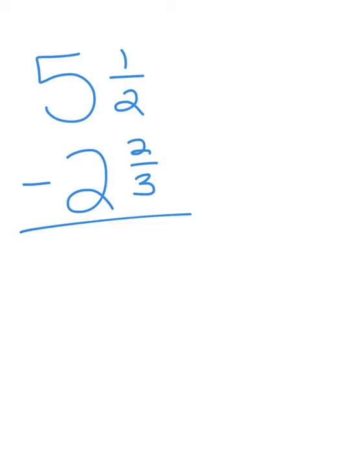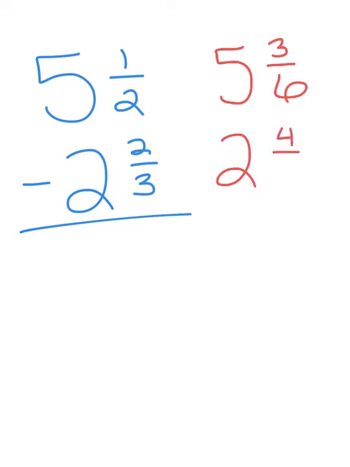So I can rewrite 5 1/2 as 5 3/6. Right, 3/6 is equal to 1/2. And I can rewrite 2 2/3 as 2 4/6. 2/3 is equal to 4/6. So far all I have done is rewrite these fractions so that they have common denominators.